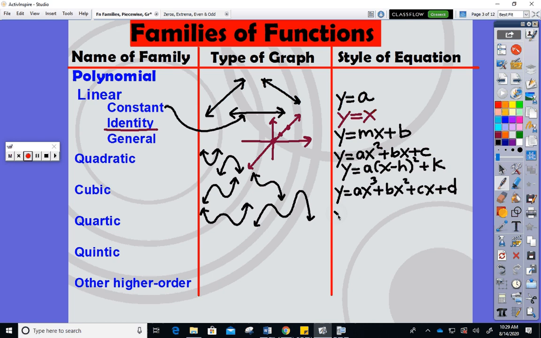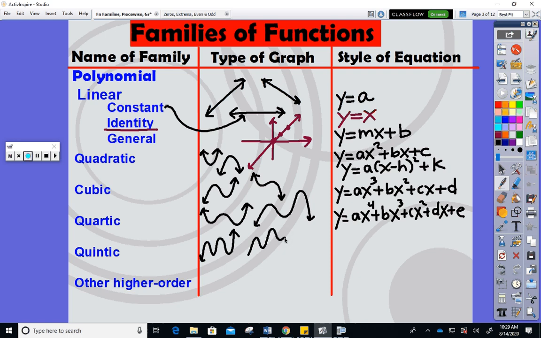And so you're looking for either y equals ax to the fourth plus bx to the third plus cx squared plus dx plus e for your equation. Or you would be looking for an equation that's in factored form, and you could count that the factors would add up to 4.